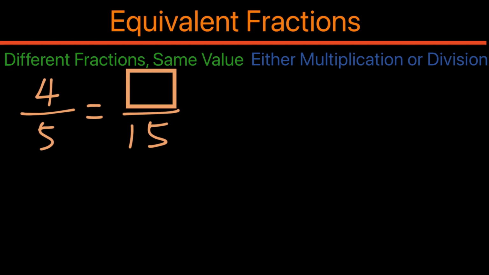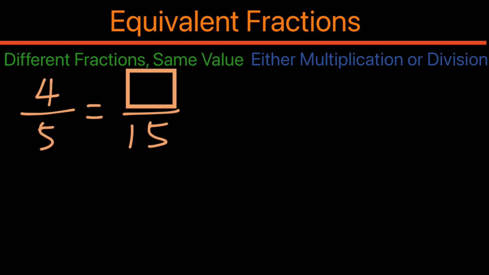Now what if you have something like this, where it's giving you a certain value of the denominator and asks you to provide the numerator value? For something like this, there would be only one answer because the denominator has already been determined to be 15.